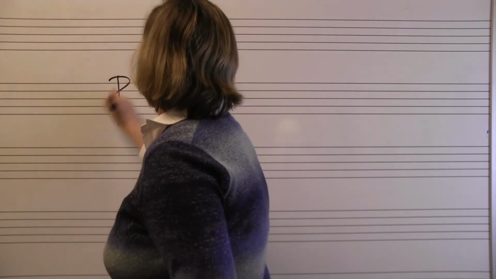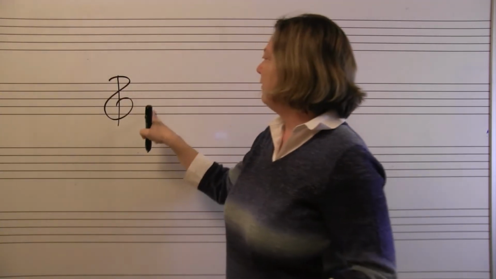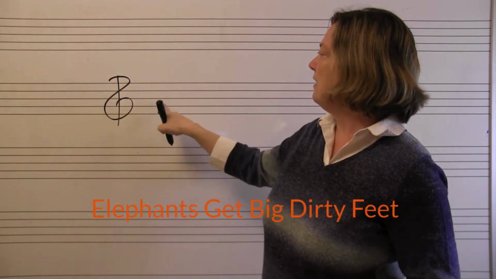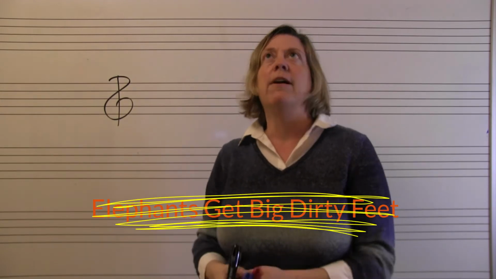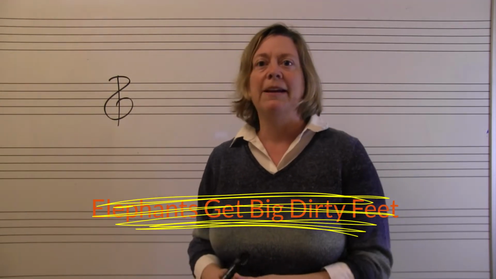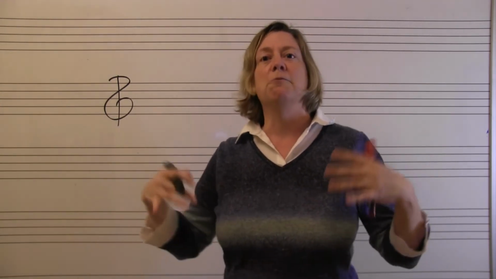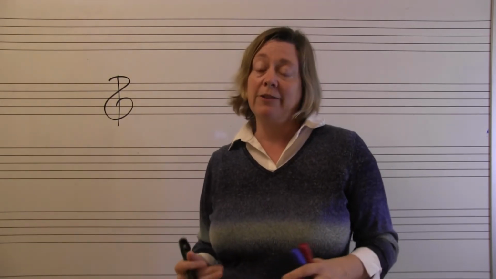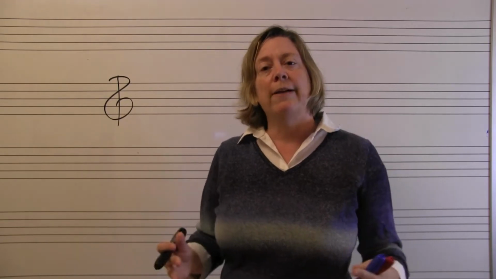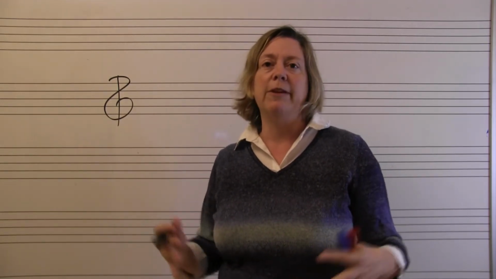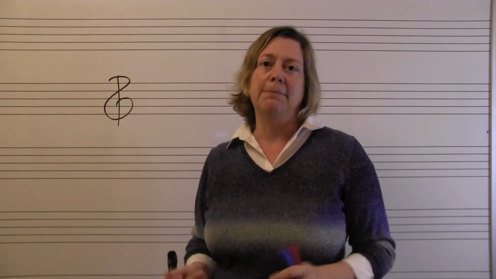That's the one for treble clef. Elephants get big dirty feet, E, G, B, D, F. However, we need to move past that kind of, I think I can remember it if I count it up sort of thing, into the automatic realm. And so that's part of the exercise. In this particular unit, we're going to practice not only new clefs, but make sure that all of the clefs become really automatic as you read them.